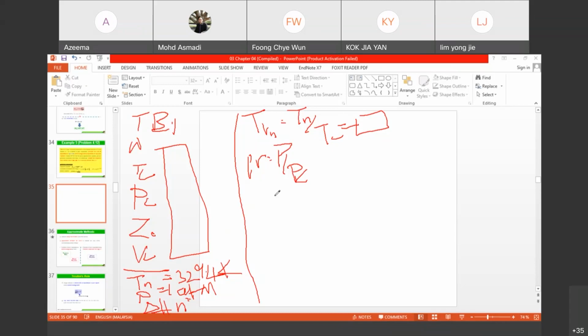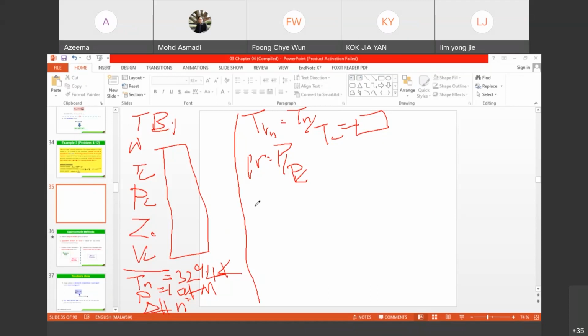Once you determine those, by using the generalized correlation, you have to use the virial equation. You have to calculate the volume for the vapor, VV, and also VL for the liquid.